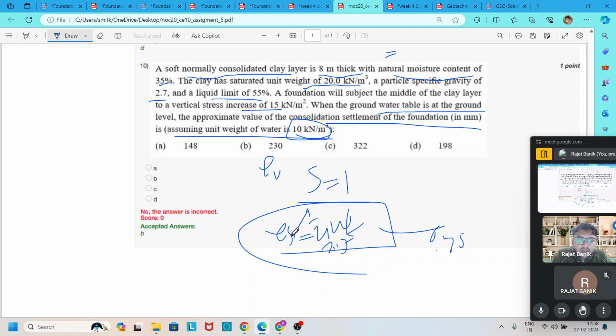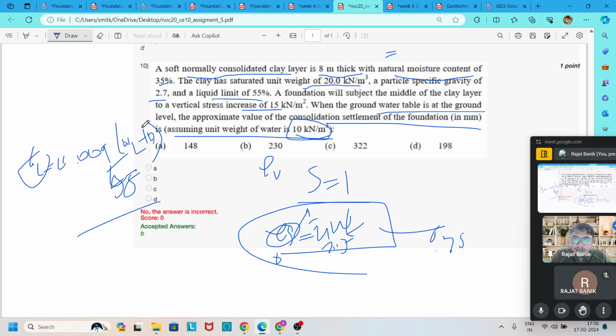Put all these values and get the initial void ratio e naught. After that, we find out the compression index Cc using this formula, 0.009 into (WL minus 10). WL is here 55. So put the value and get this Cc.